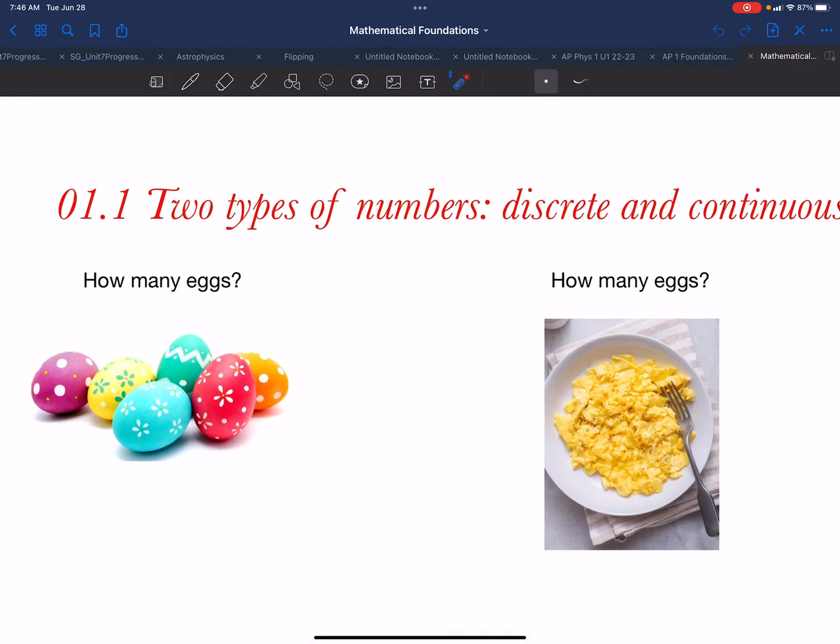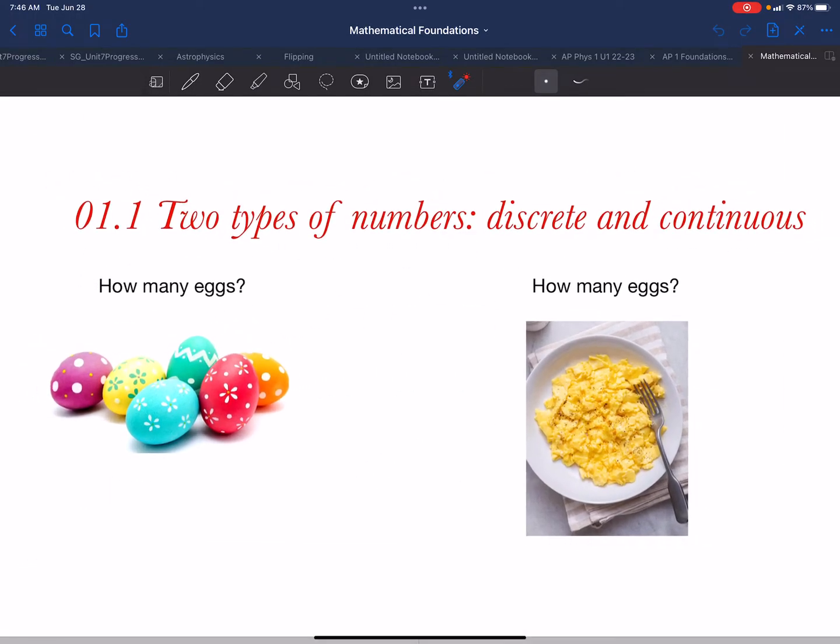So let's begin with an example here. If we look on the left, we see we have these eggs, and we can ask the question, how many eggs are there? And of course, we would notice there are 1, 2, 3, 4, 5, 6. If we were to have more eggs, there might be 7. If we had fewer eggs, it might be 5.